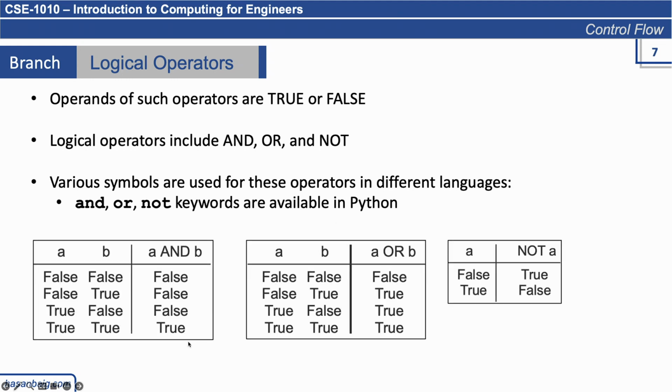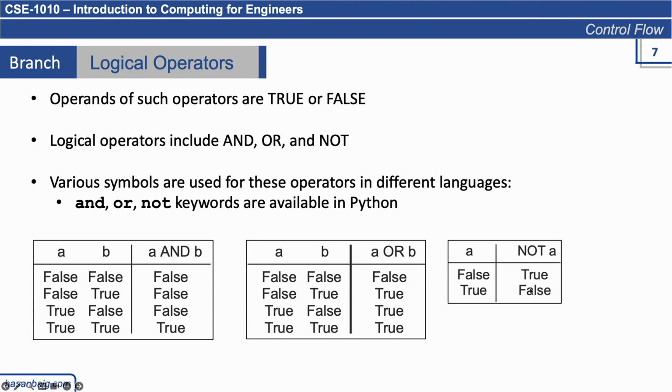Here again is whatever I have explained in words. Whenever any of the inputs A or B is false, the output for the A and B operation is false. When both the inputs are true, the output is true. For the OR operation, if either of the two inputs is true, then the output is true. In the NOT operation, if the input is false, the output is true.